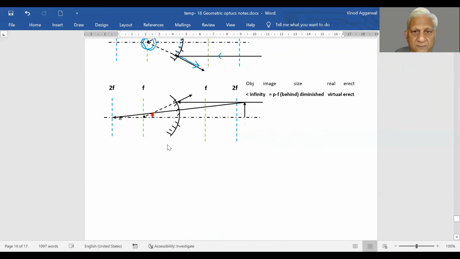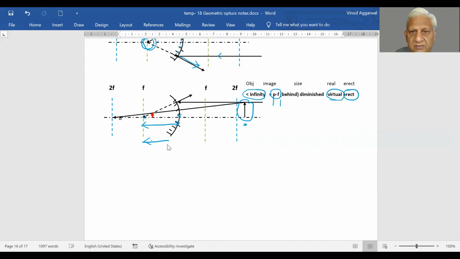If we bring our object closer, which is less than infinity, then our image will be formed between P and F, between pole and F. This is our pole and this is F in this region. But this is all behind the mirror. So it is all virtual.